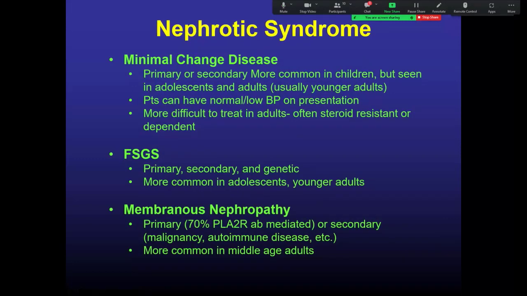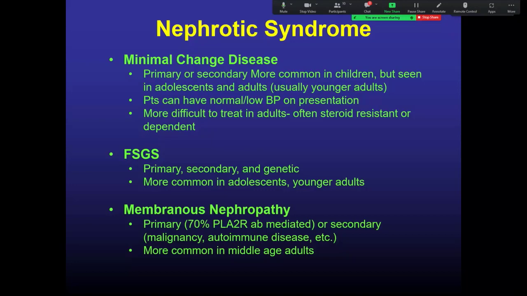The three main categories of primary nephrotic syndrome that we see in adults include minimal change disease. And if anyone's med-peds out there, you're probably like, wait a second, that's a pediatric disease. Why are we talking about it in medicine lectures? Minimal change disease, of course, is more common in children, but it is seen in adults, and I have several adult patients with this.